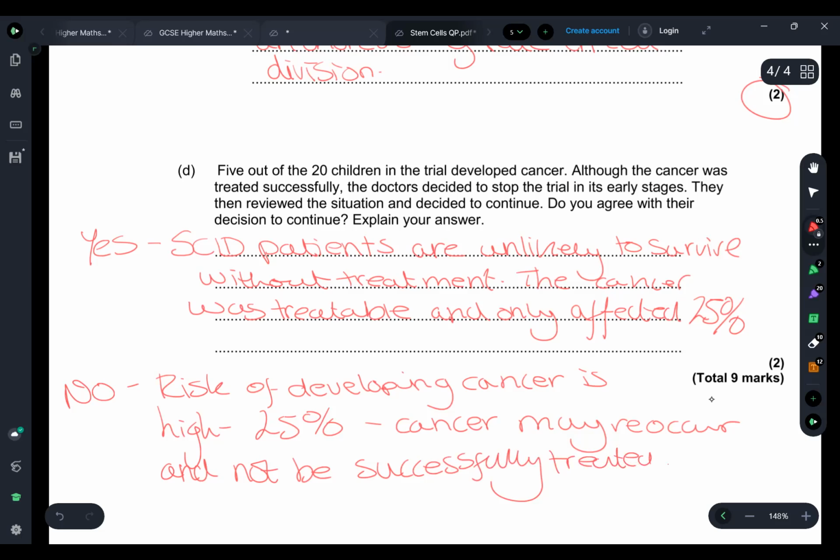So that is everything about stem cells. And that goes into topic 8, 8A of AQA A-level biology under mutations and gene expression.